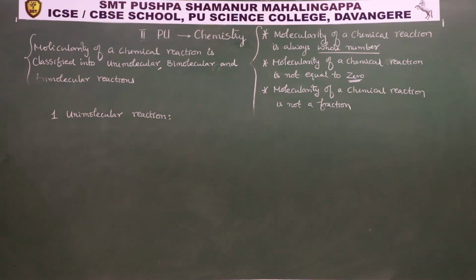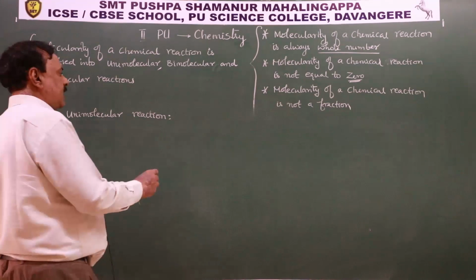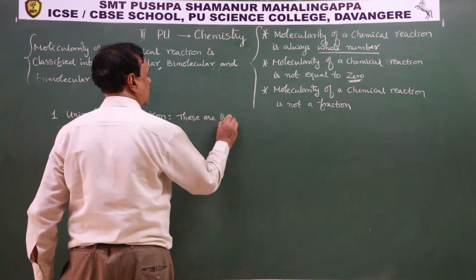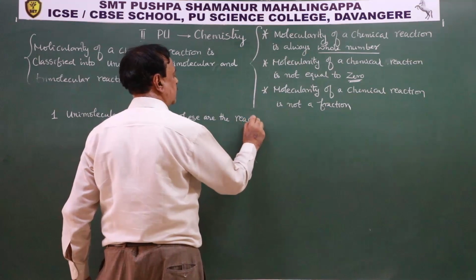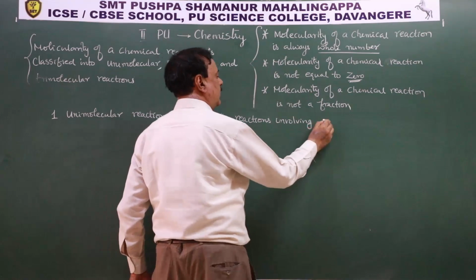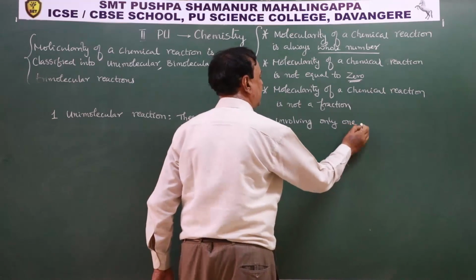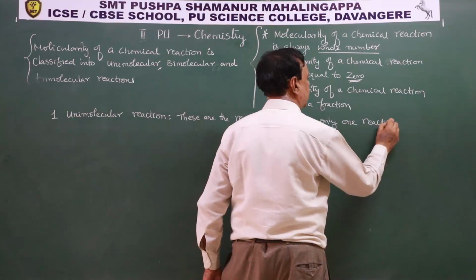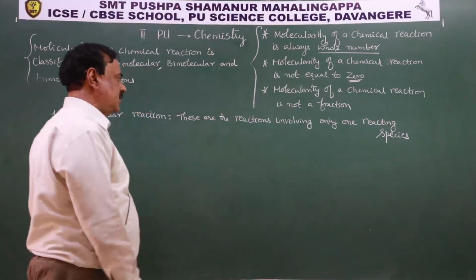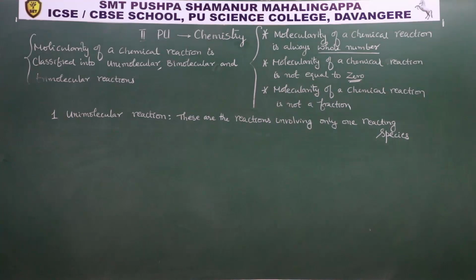One reacting species means either one atom, one ion, or one molecule.